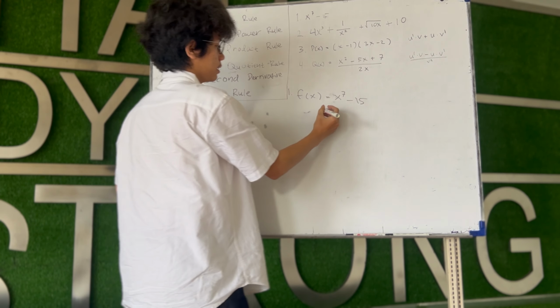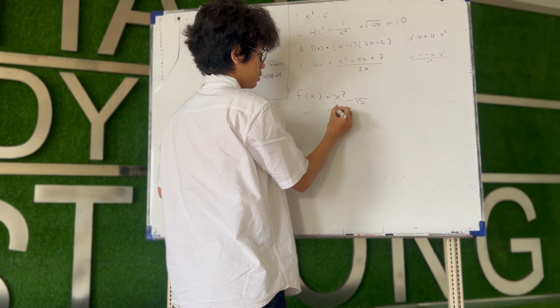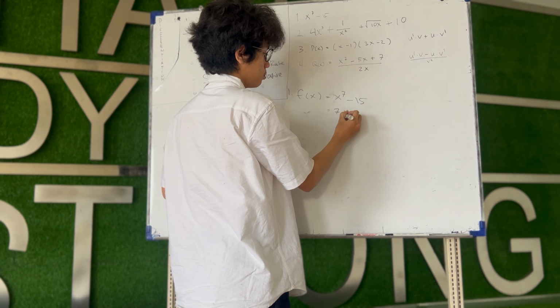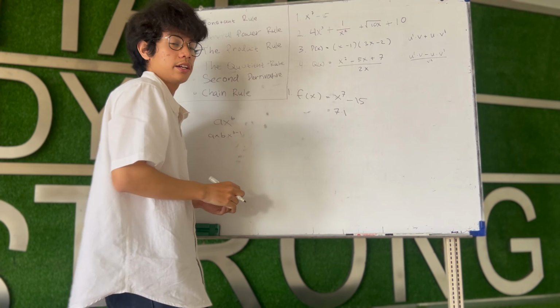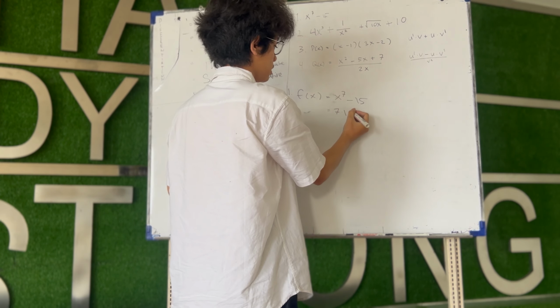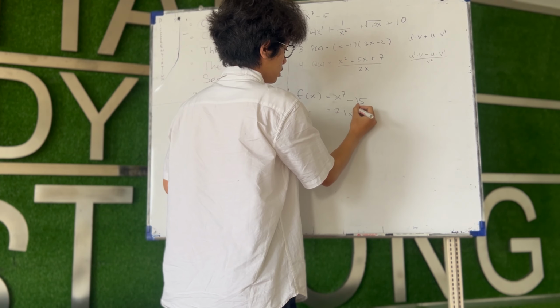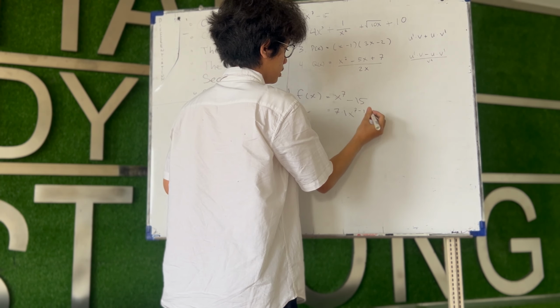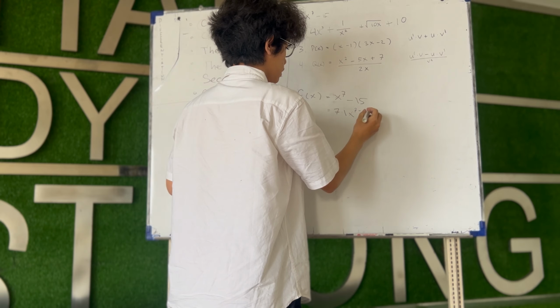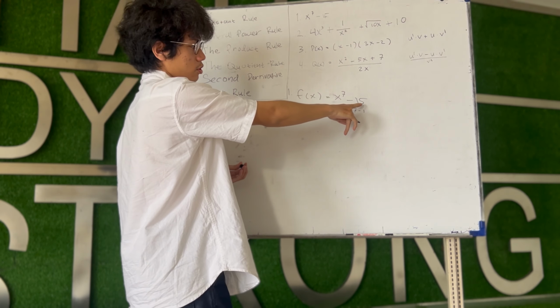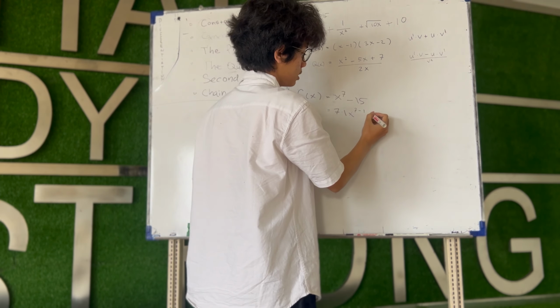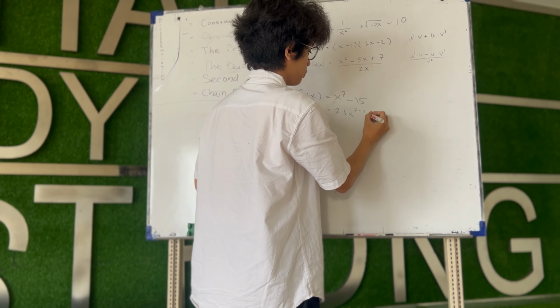So here we had 7 times 1 because there is a number, so it is 1. 7 minus 1. So there is a constant, so it is equals 0.